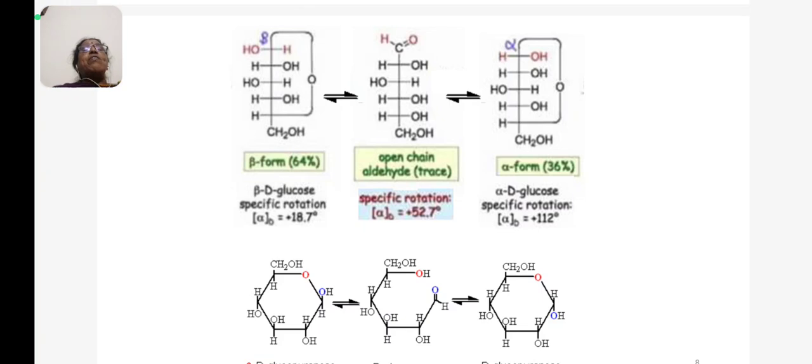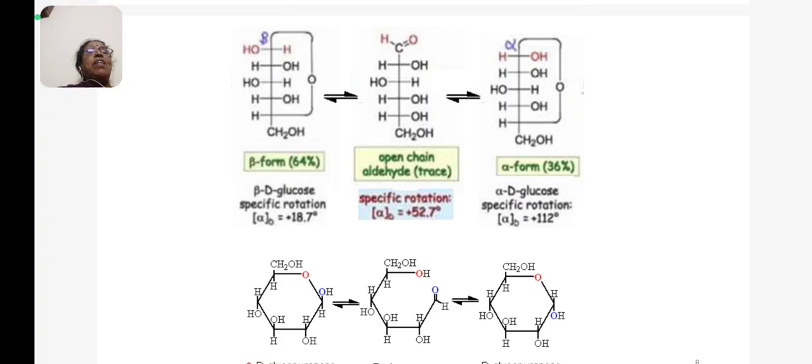If we start with beta D-glucose, whose optical rotation value is 18.7, what happens? When dissolved in water, it starts converting to the equilibrium structure and is converted to the alpha form. The optical rotation value increases from 18.7 to 52.7 as it is converted through the open chain structure.